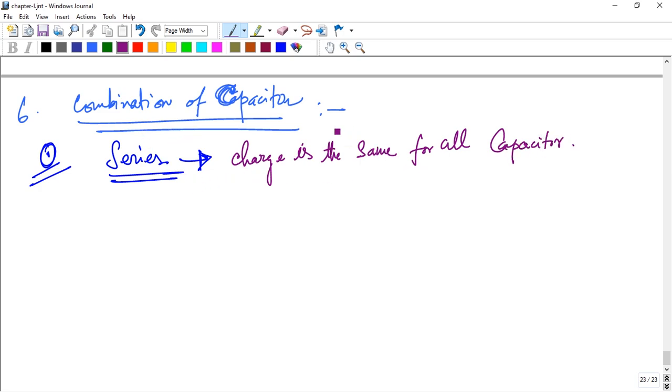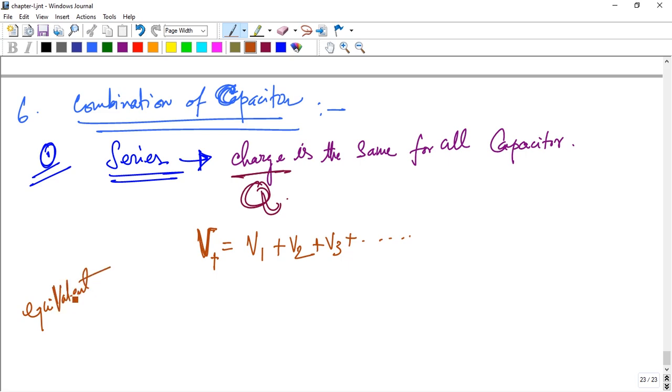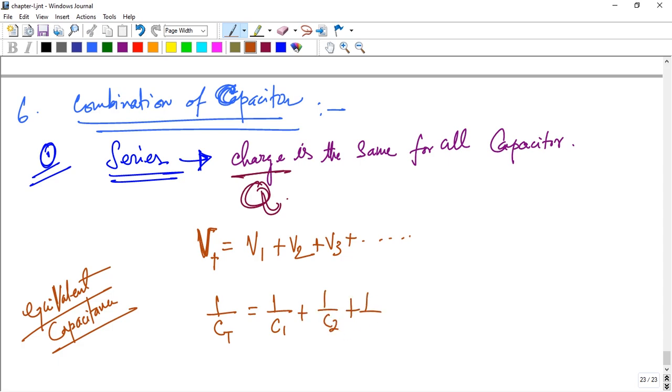The total voltage V is equal to V1 plus V2 plus V3; the voltages are added. So the equivalent capacitance: 1 by C total equals 1 by C1 plus 1 by C2 plus 1 by C3, and so on. That's the series combination.